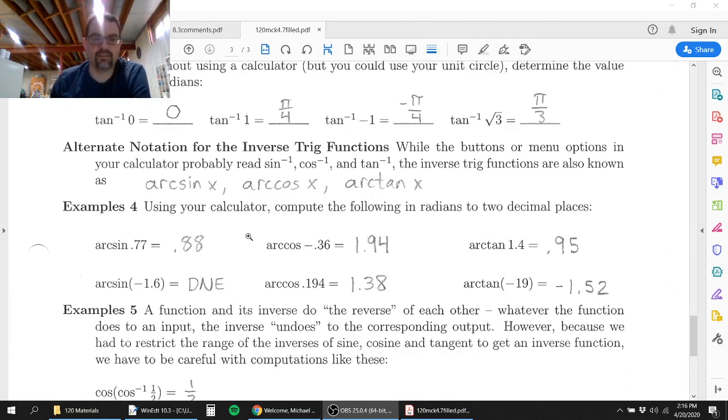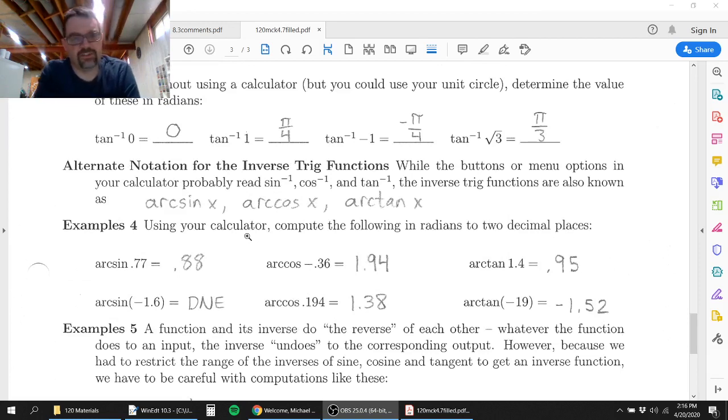All right. A few more examples here to finish up this section, and then these inverse functions will be used even more to solve equations in Chapter 6, which is where we're going after this section. A function and its inverse are supposed to do the reverse of each other, right? Just like squaring and taking a square root are inverse functions.